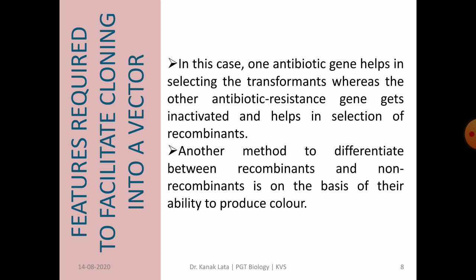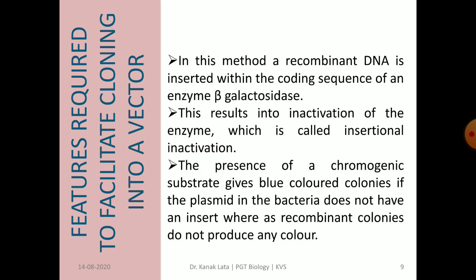So to avoid this, another method has been developed to find out recombinants, and that method is totally based on the ability to produce color in the presence of a chromogenic substrate. Here the chromogenic substrate we have taken is beta galactosidase.